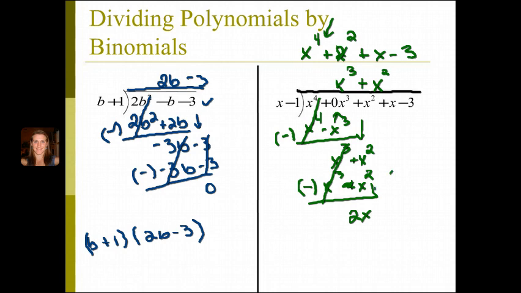We need to bring down our x. And 2x times x gives us 2x squared.